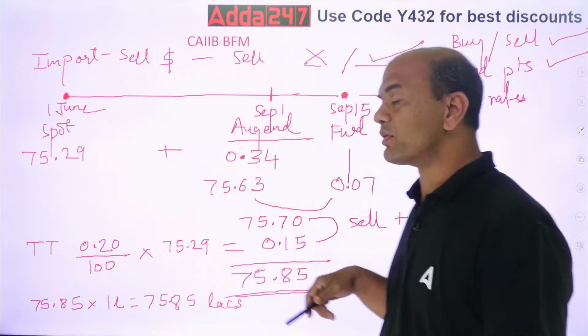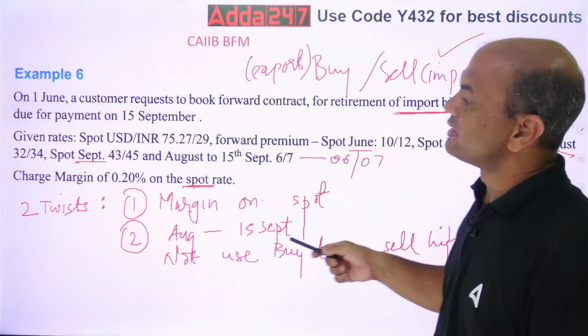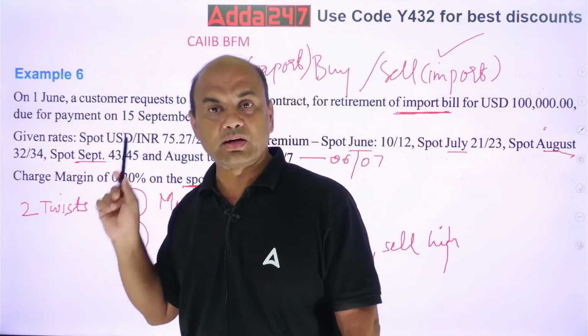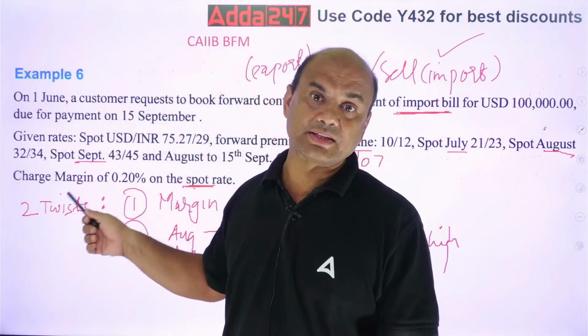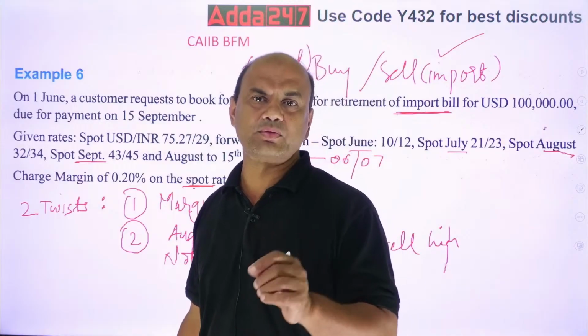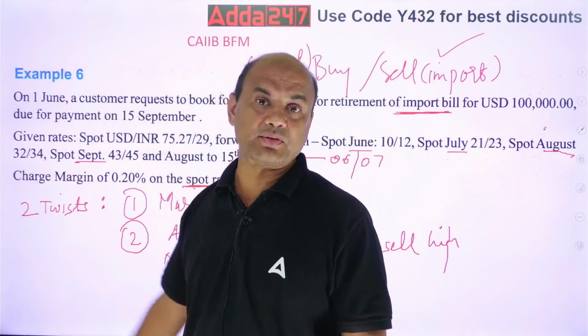What are the forward points? Over here, the August end rate is 32.34. What do you mean by 32.34? Right side sell is 34 points, so it is taken as 0.34. Now is this currency in premium or discount?